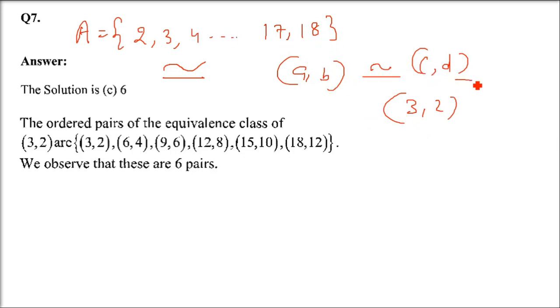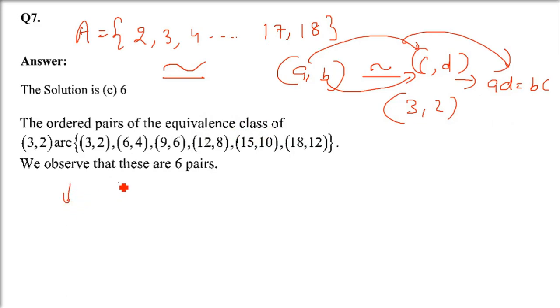Let me just write the condition of equivalency. ad, that is the multiplication of the extremes, equals the multiplication of the internals. Let us see the answer here. The trick here is just to multiply, because if you do it the way I told you, you have to write from 2 to 18, then another 2 to 18, and find all the combinations.